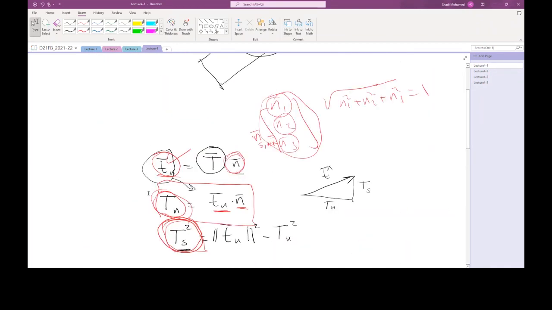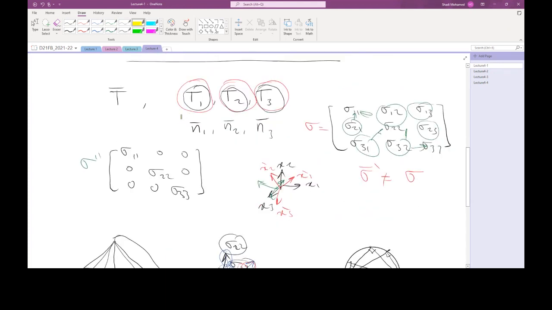Again, this is the first example I've discussed. You first of all need to find the stress vector on this specific plane. Then you need to find the normal components of that, and then you need to find the shear component of that. So this is what is required for the first part, asking for the shear components on the specific plane. Then in the second part, it is asking to do the maximum normal stresses.